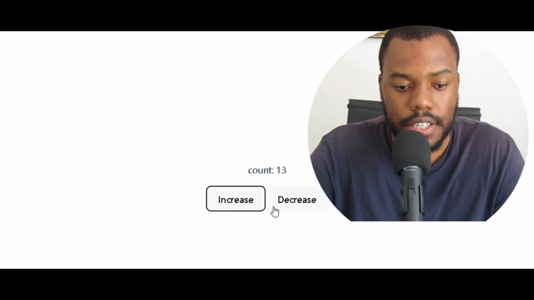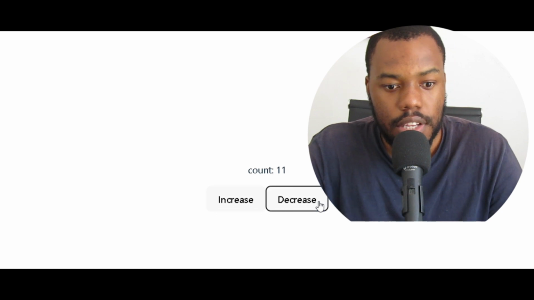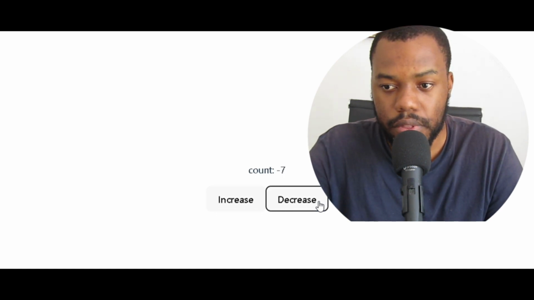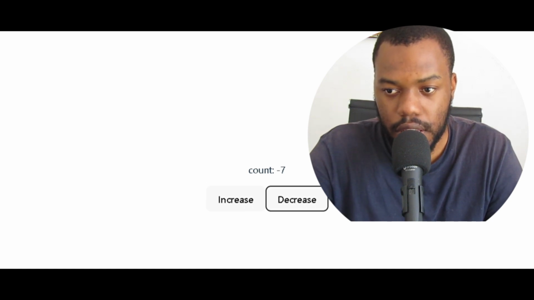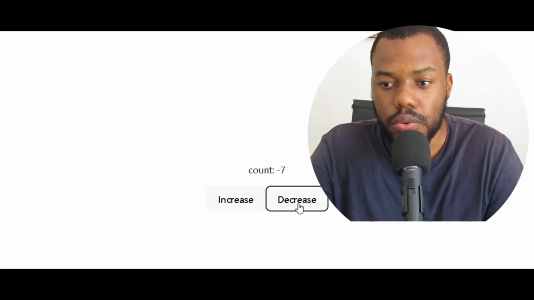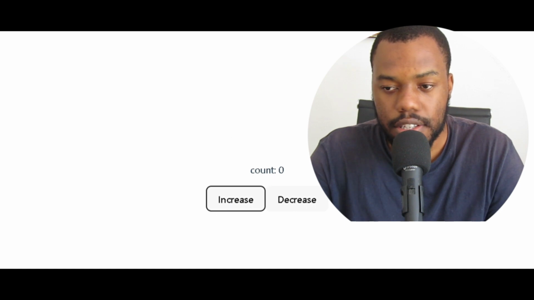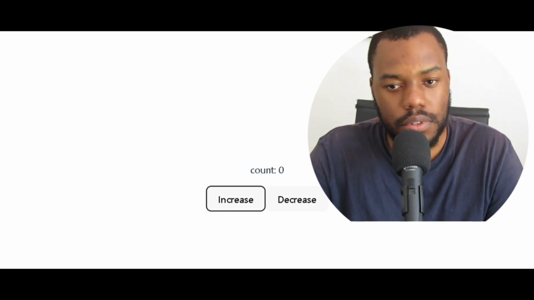When you click on decrease, it should go down. So this is how we actually use and implement our useState. That's how you can actually use useState. It makes it easy to set things to functions without having any issues with React.